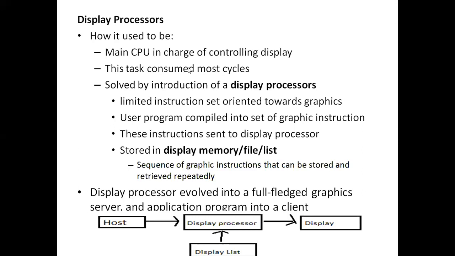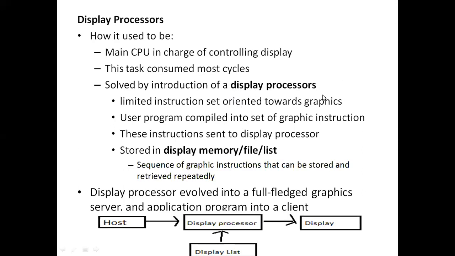On the same lines, for my processor also they tried to modify, where they dedicated some part of the processor for only image processing, and some part for data processing. And the part which they dedicated for displaying the images, they called the display processor. So what was the use of this display processor?